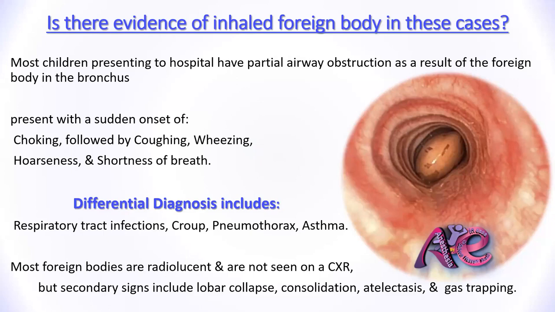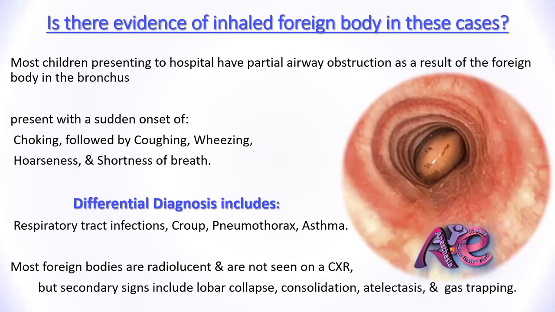Most children presented to hospital have partial airway obstruction as a result of foreign body in the bronchus. They present with sudden onset of choking, followed by coughing, wheezing, hoarseness, and shortness of breath.